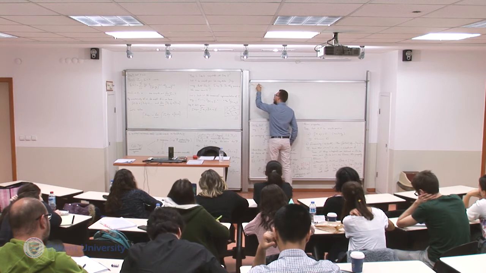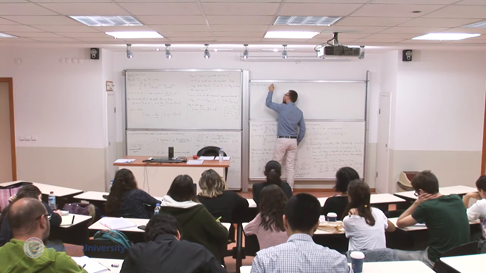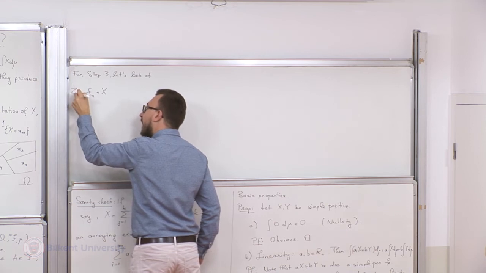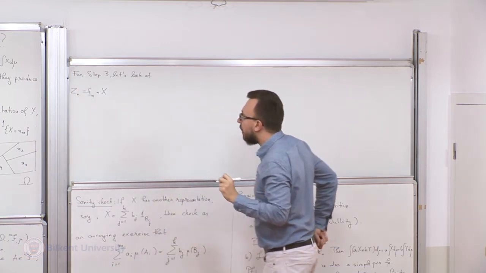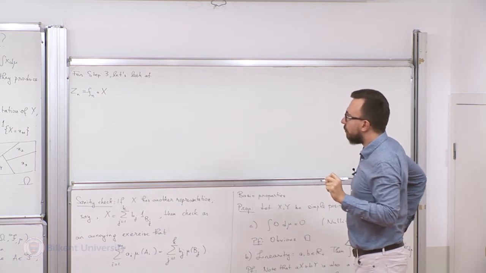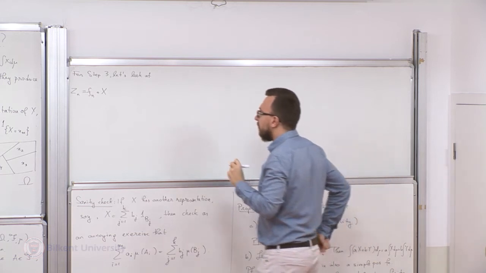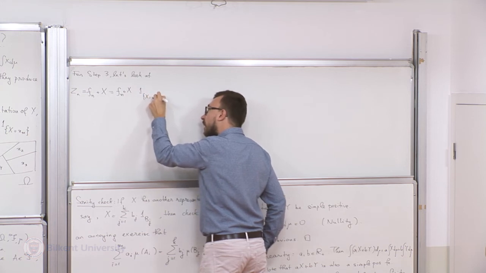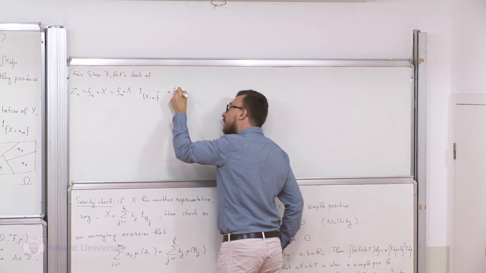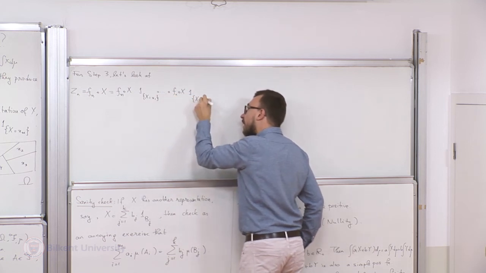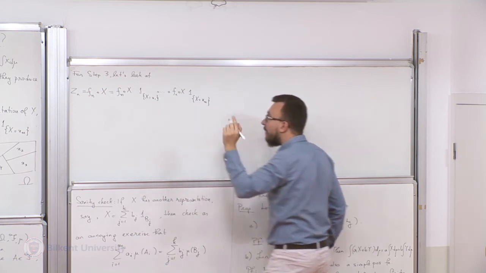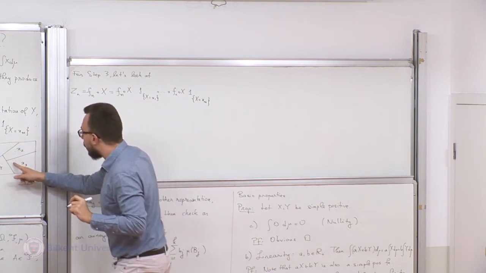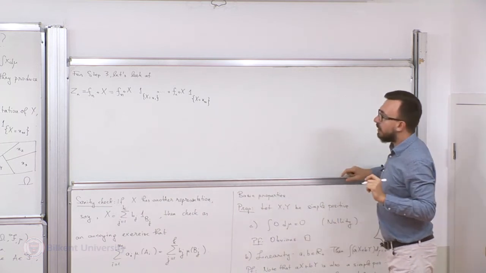For step 3, let's look at fn applied to x, or this zn. Well, I can look at it in this set, or I can look at it in this set. Exactly one of those events is going to occur. We are either here, or here, or here, or here. So that's an omega-wise equation. That's for every omega, okay?